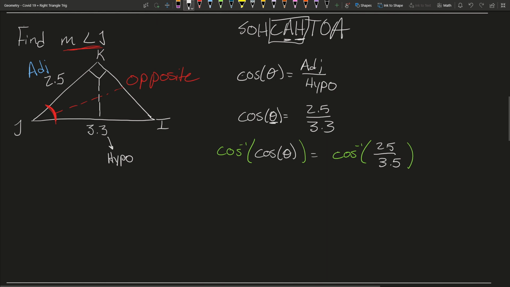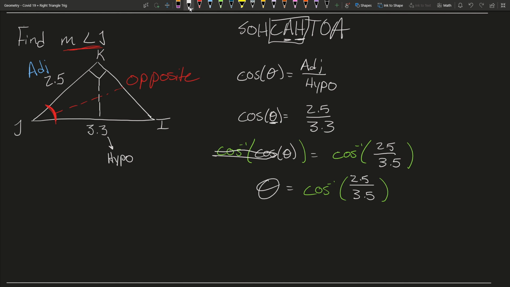The inverse cosine and the cosine, they cancel each other out. So we're just left with theta is equal to the inverse cosine of 2.5 over 3.5.